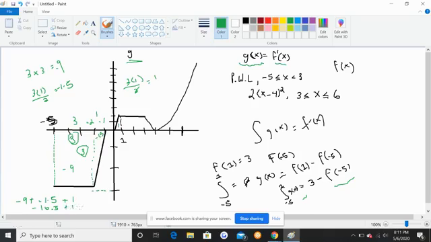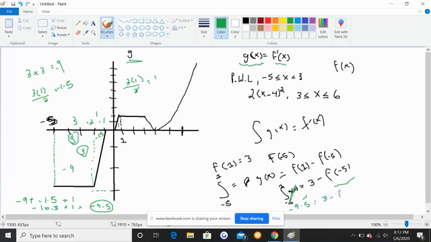Keep the sign of the higher number, so it's going to be negative 9.5. So we know that the integral of g of x from negative 5 to 1 is going to equal negative 9.5.